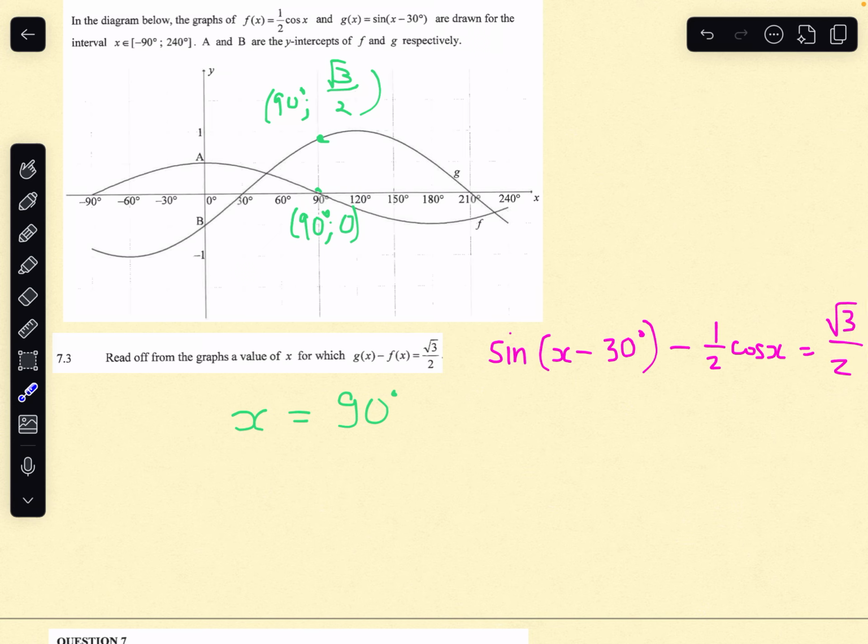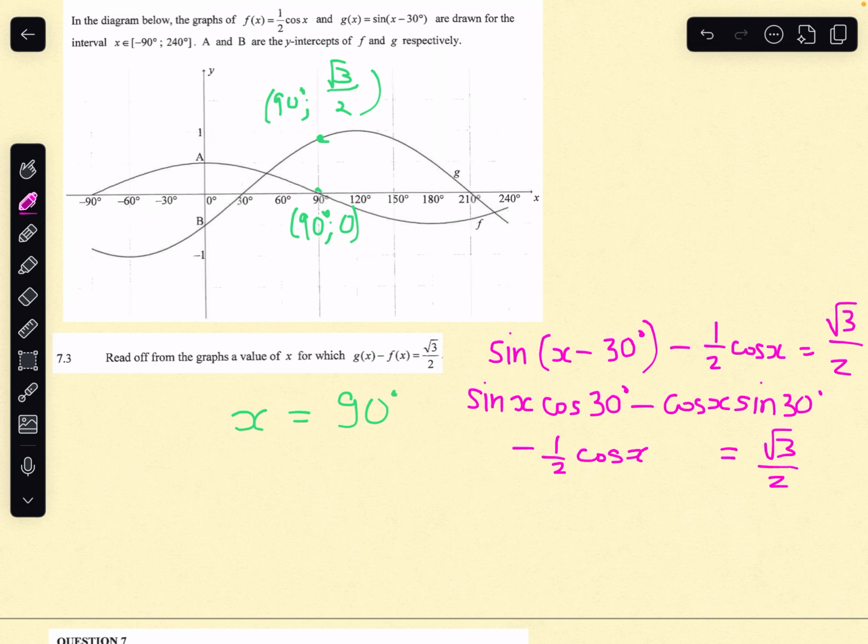I am tempted to expand this. We're not distributing. Sorry, that was misleading. So I'm going to rewrite it using the compound angle identity and just see how far we get. Okay, so now I know that cos 30 is root 3 over 2 and sine 30 is a half.